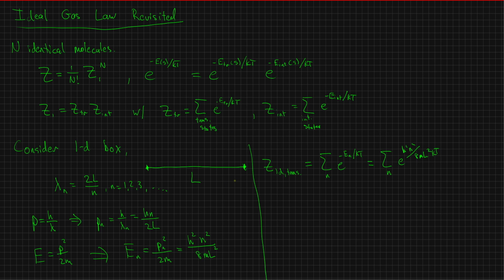Okay. And so now we'll do the same thing that we were doing before in turning this sum into an integral. We'll assume that we're at a high enough temperature, basically, that the temperature compared to these energy levels is enormous, so that the difference between these energy levels is so small that we can approximate this discrete sum as an integral.